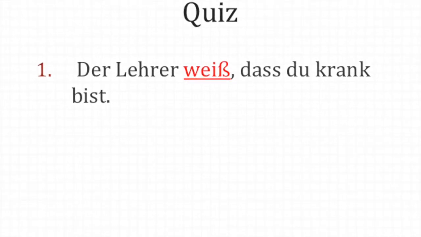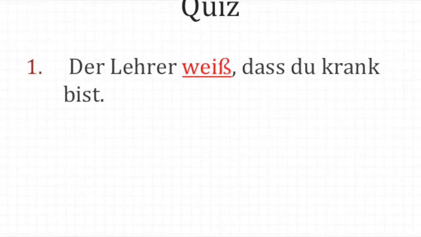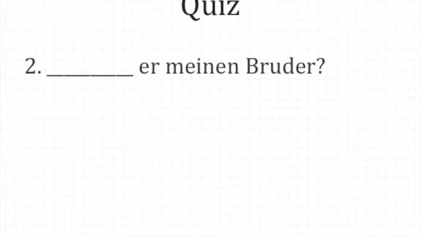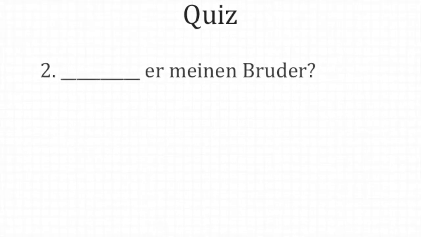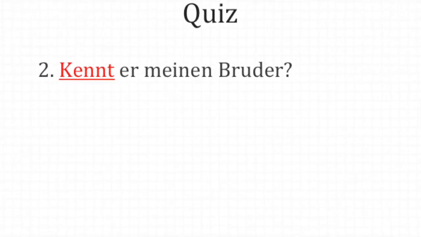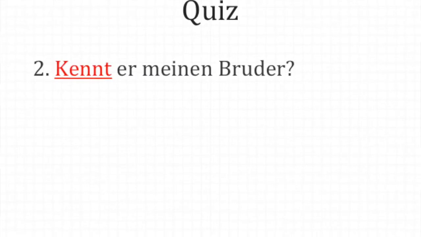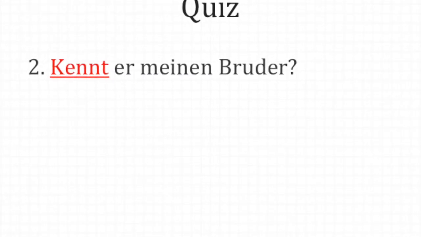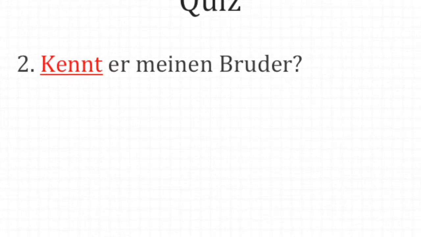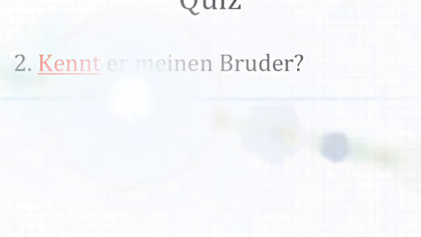For this example, the Wissen form of the verb is correct because it is used to introduce a subordinate clause. In this example, the Kennen form of the verb is correct as it refers to knowing a person, i.e. meinen Bruder. Note also that the verb is followed by an object and not a prepositional phrase.